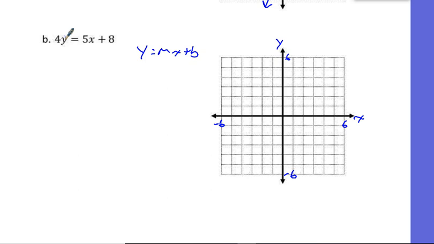I want to solve this equation that has two variables, therefore making it a literal equation, for y.